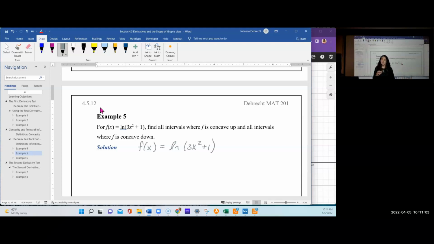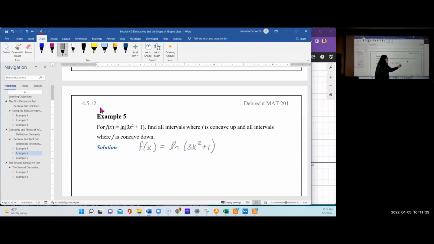And we need to think about the domain. Now remember, for natural log, you take the argument, you pull the argument out, and you say it has to be strictly greater than 0. It cannot equal 0. Now, 3x squared plus 1, since it's squared and they're positives, is always going to be positive unless it is 0. Is there a way to make it 0?